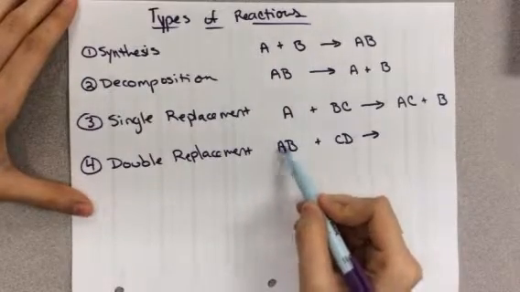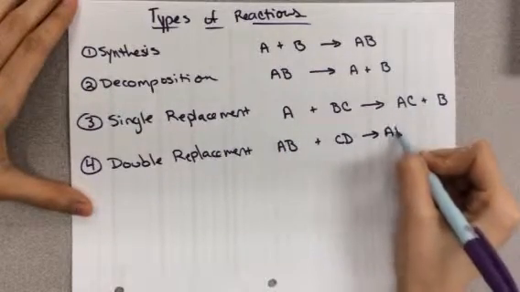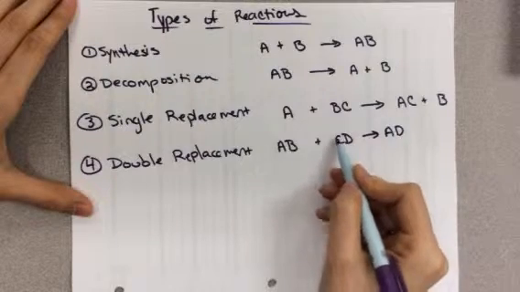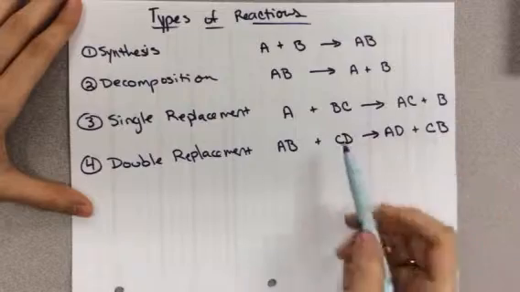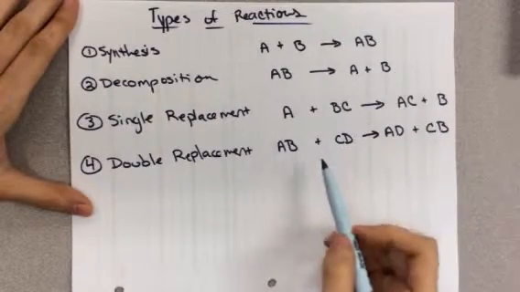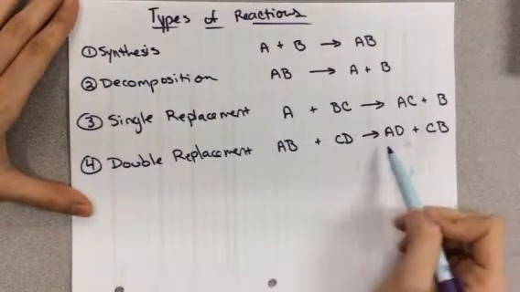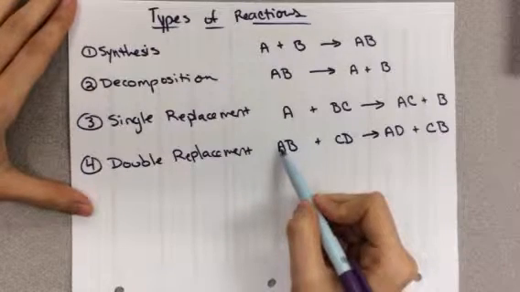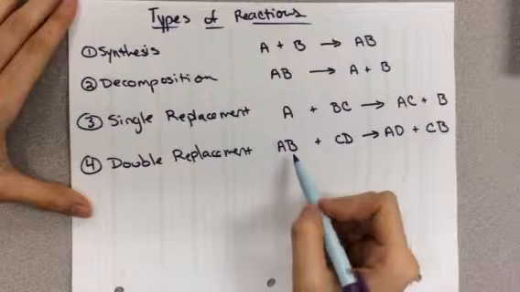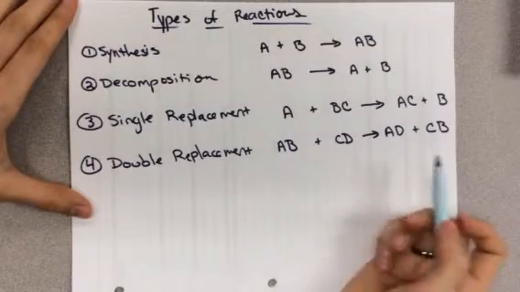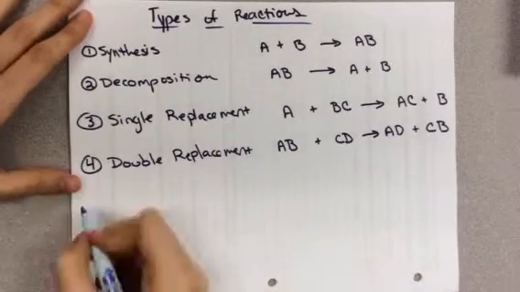You're going to have A bonding with D, and then you're going to have C as the cation bonding with B. Okay, so you really need to keep in mind the sequence for each of these compounds. And remember that the first thing in every compound is always going to be the cation. Well, in ionic equations anyway.